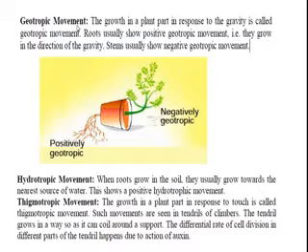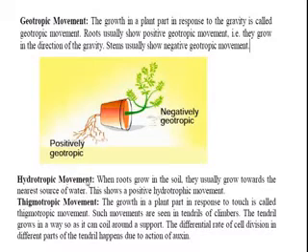Example: the root always grows negatively phototropic but positively geotropic. The stem shows negative geotropism and the root shows positive geotropism.